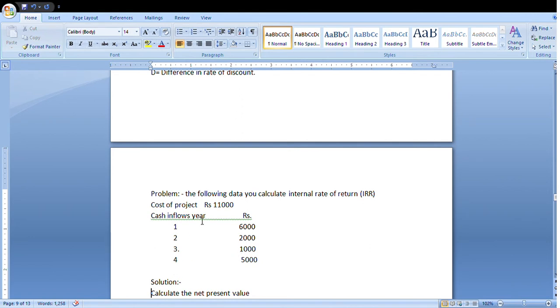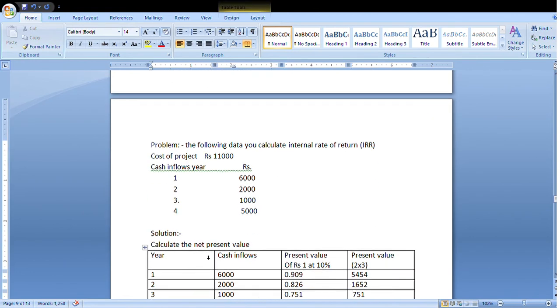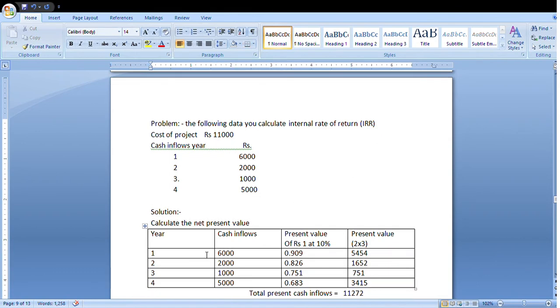It is the problem. Solution. Calculate the net present value. The discount rate or cost of capital percentage is not given, so you take it approximately.